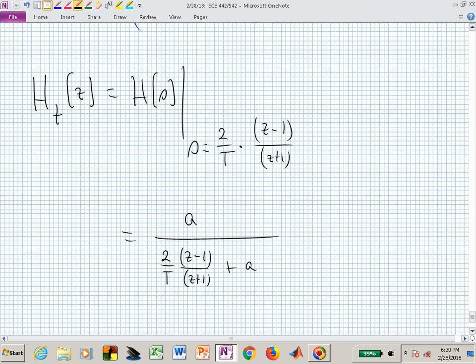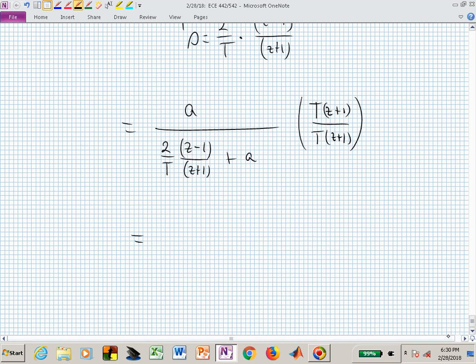And now if we multiply this by something like that, we'll end up with AT times z plus 1 over 2 z minus 1 plus AT z plus 1.